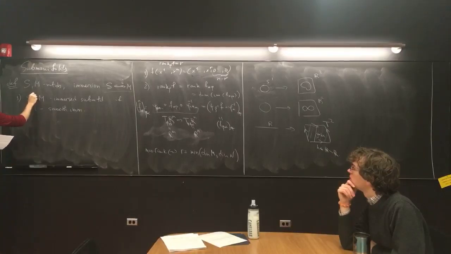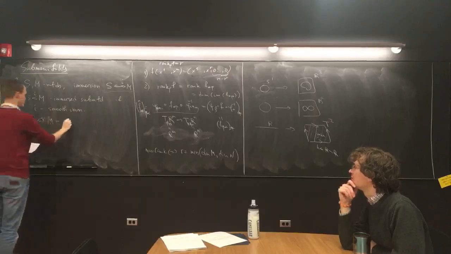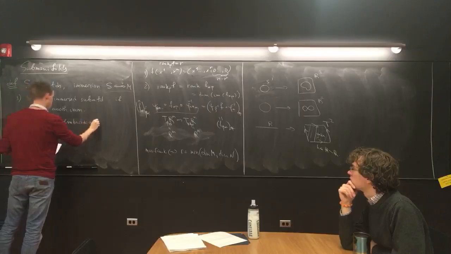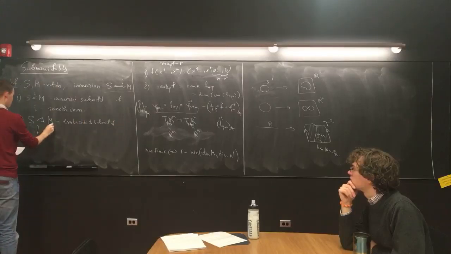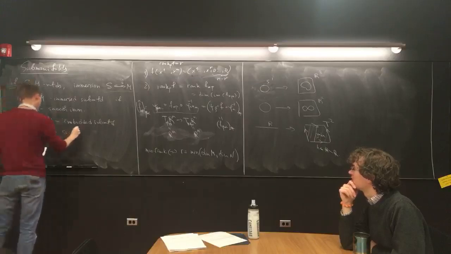Maybe sometimes I will write I above the sign to just keep in mind what the name of the map is. And then it's going to be a triangle like that for an embedded submanifold, if I is, guess what, a smooth embedding.